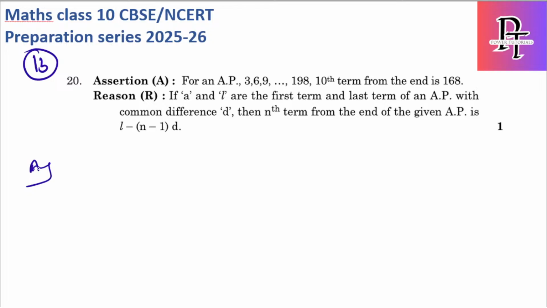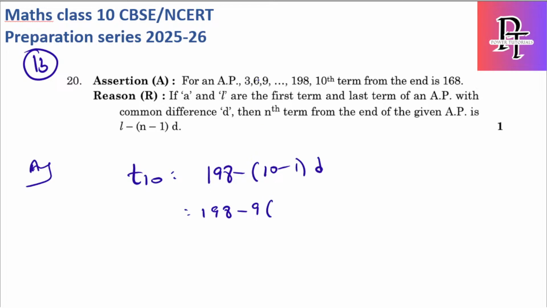Okay, let's use this formula and find it out first. They're saying 10th from the end, so T10, as per the reason, should be l minus (n minus 1) into d. So it is 198 minus (10 minus 1) into d, so this becomes 198 minus 9 into d.